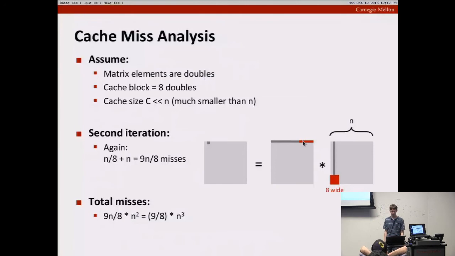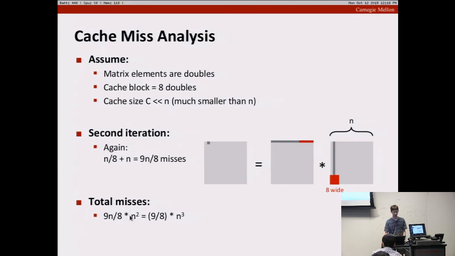So we're going to have n over 8 misses again. And then we do the same thing over here. We have a miss every single time we access a new row. And in doing that, we're evicting this bottom block. By the time we come back down to it, it's been evicted, and we have to load it up again. And then we end up with n over 8 plus n misses again, because we essentially threw away all of this stuff before we used it, and we threw away this before we used it again.